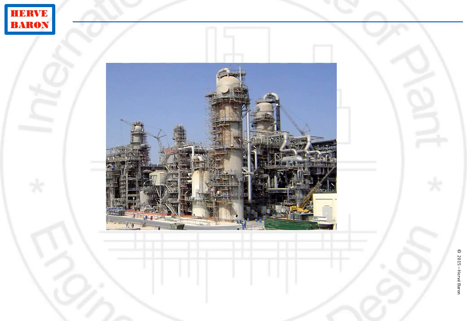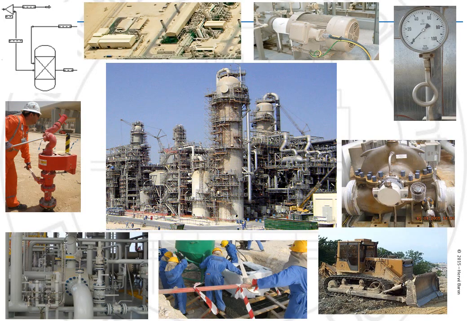Well, when you see a picture like that, you may wonder how all the various design trades work and are coordinated. In fact, there are a number of trades involved in an oil and gas facility. First of all, there will be the process, which is defining the process scheme.